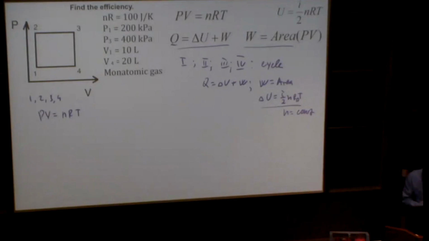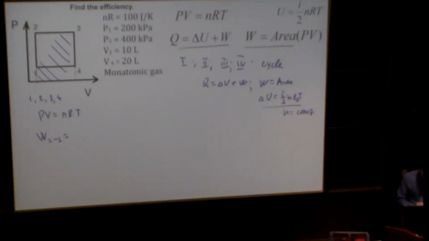Well, let's do work because we started from work. W23 has to be equal to... I saw some people being confused about this when they did the homework problem. For the process, not for the cycle, the work is equal to the whole area from the V-axis to the process.